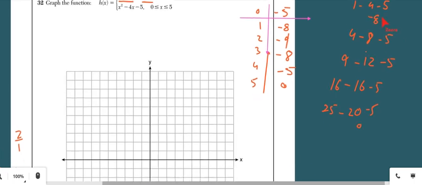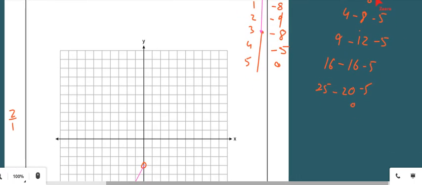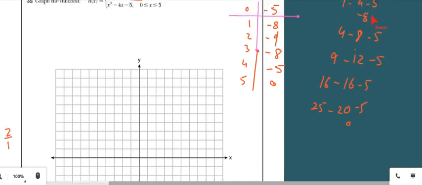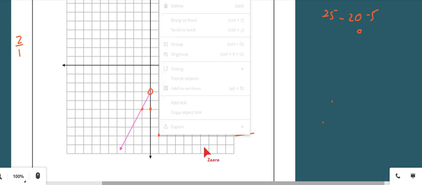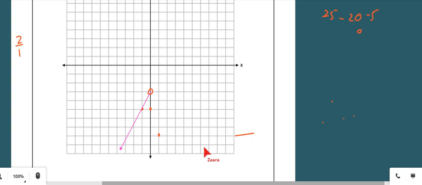So we have to graph these points now. At 5 it is 0. I think let's keep it in your mind. At 0 we have negative 5. At 1 we have negative 8.